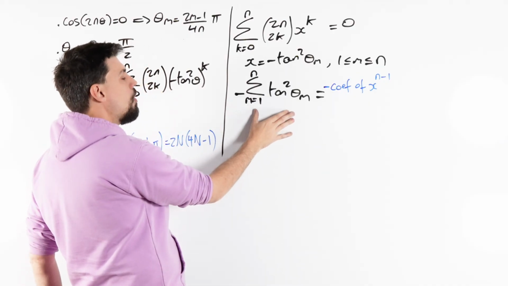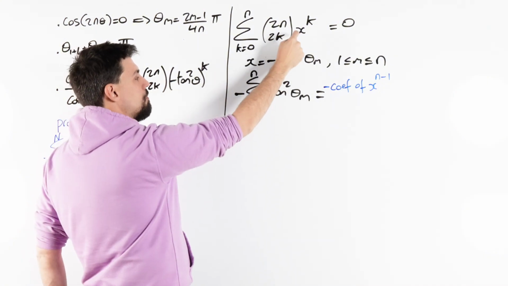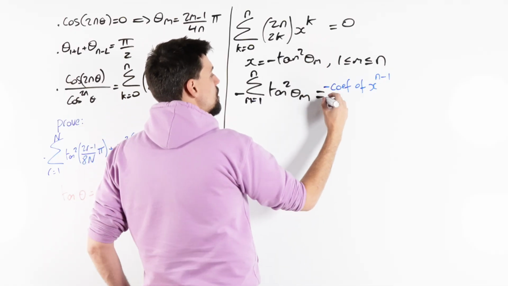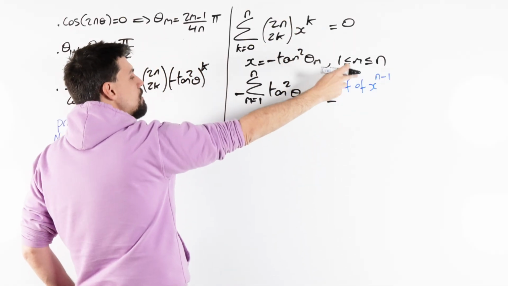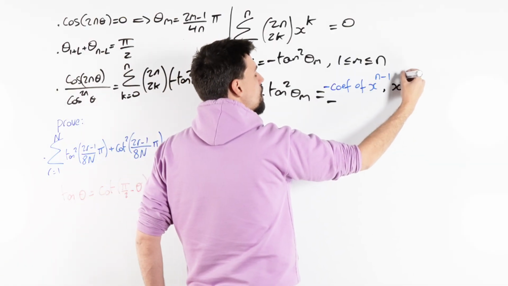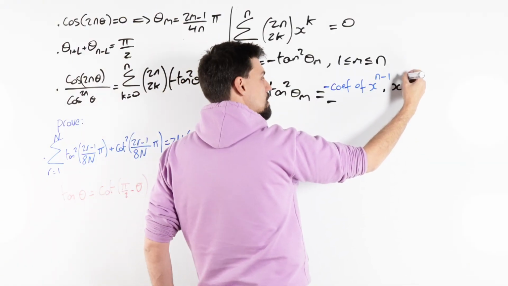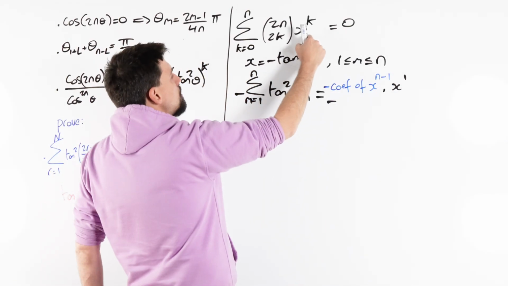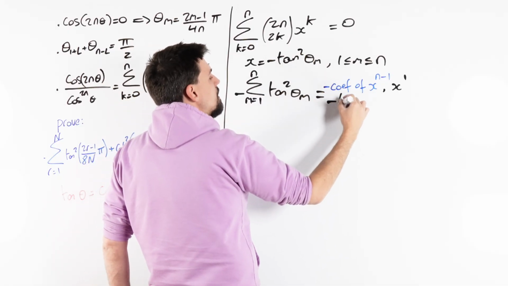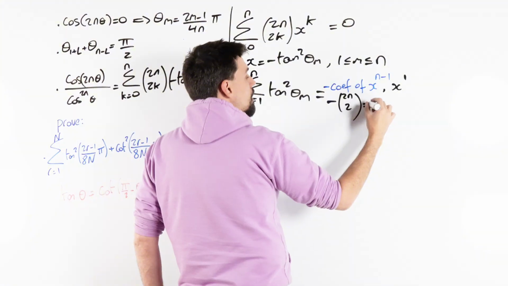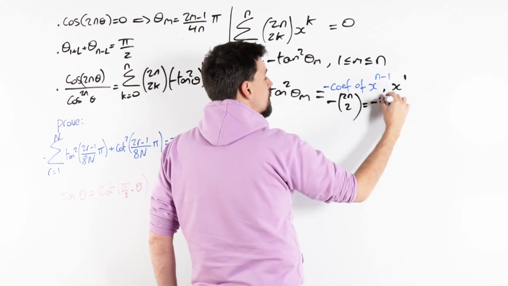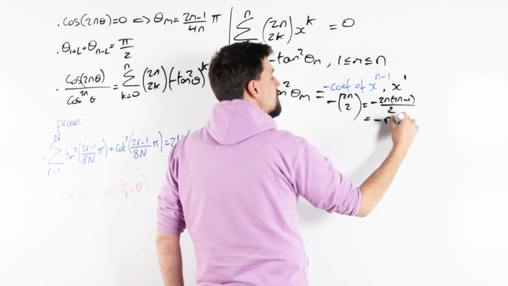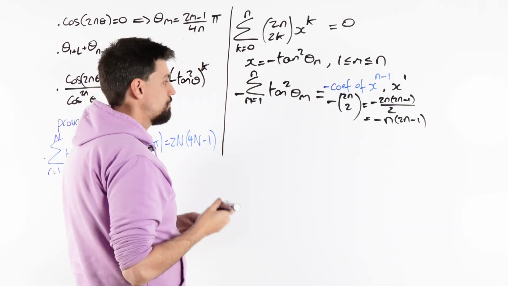So the sum of the roots of this polynomial, i.e. the sum of these things, is minus the coefficient of x to the n minus 1, which is also the same as the coefficient of x to the 1. Looking at this, that is minus 2n choose 2, which is minus 2n(2n minus 1) over 2, which is minus n(2n minus 1).